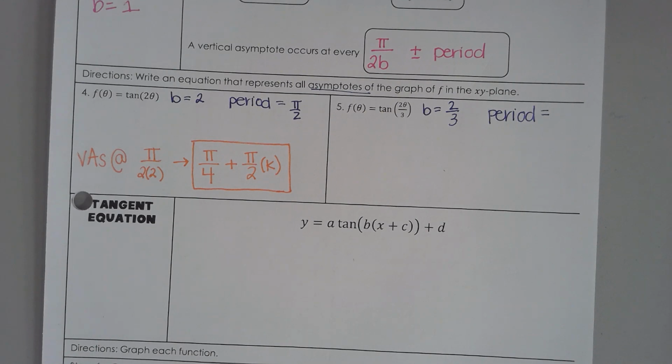Pi divided by 2/3. So this would be pi over 1. If we do keep, change, flip, it would be pi times 3/2, which is 3 pi over 2.